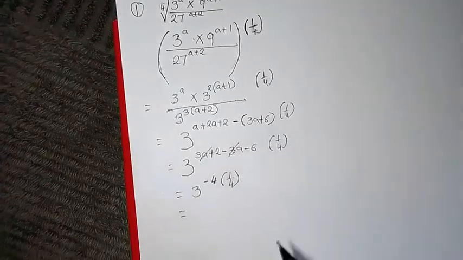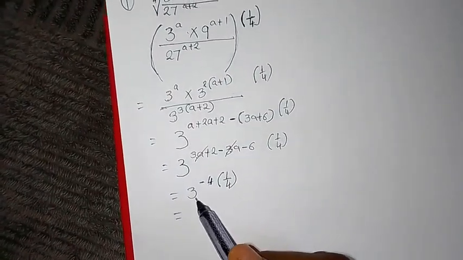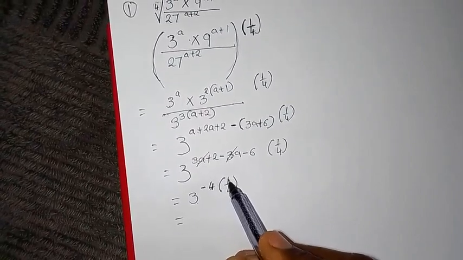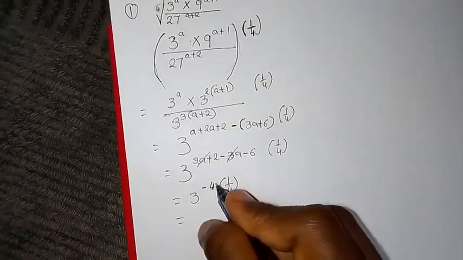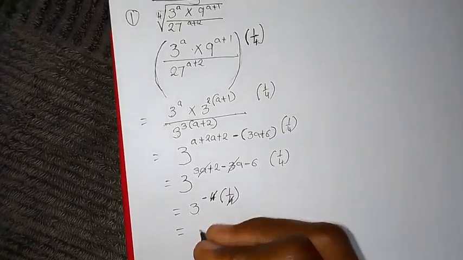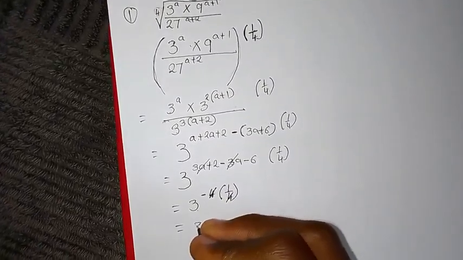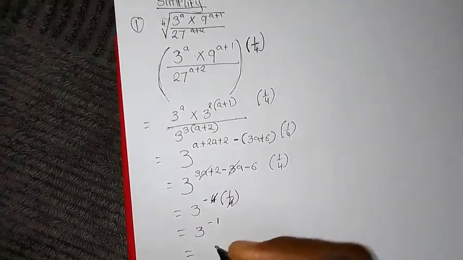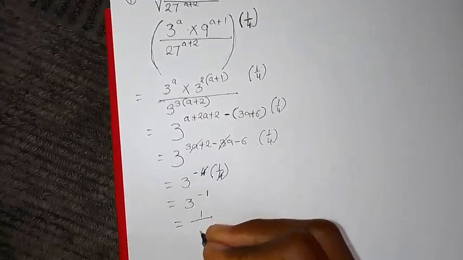So now it's 3 power negative 4 multiplied by 1 over 4. So these, when you multiply them, they'll add up to negative 1. So this will equal 3 power negative 1, and this is the same as 1 over 3.